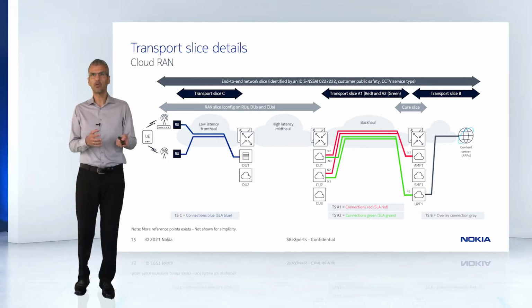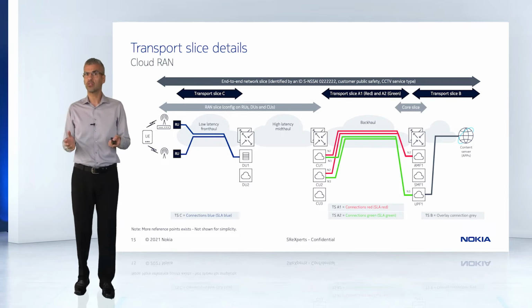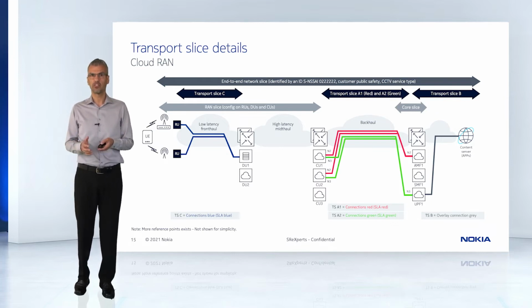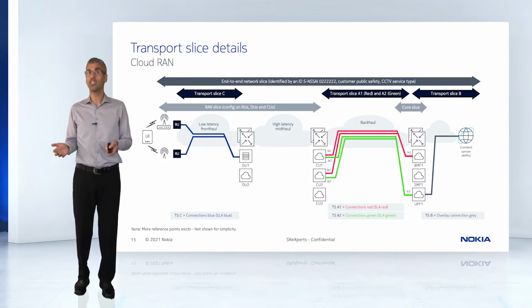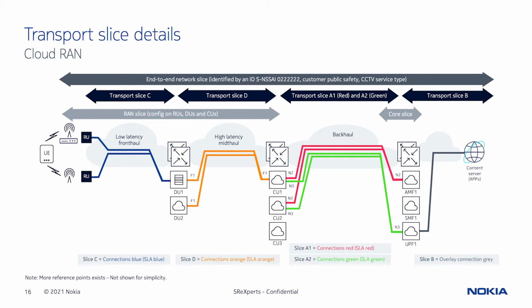The high or low in this case are relative. It means that the latency is higher than the front haul. But again, for the same end-to-end network slice as you see here, transverse slices A, B, C stay the same. The only difference here is we have to create another set of connectivity through the mid-haul network for the F1 connection, the F1 interfaces between DU and CU, and we are introducing transverse slice D.